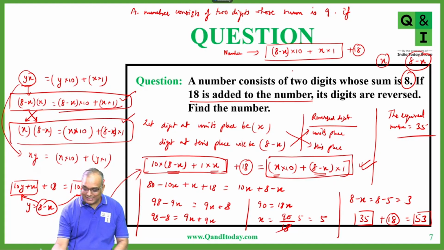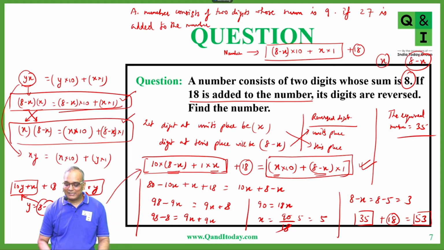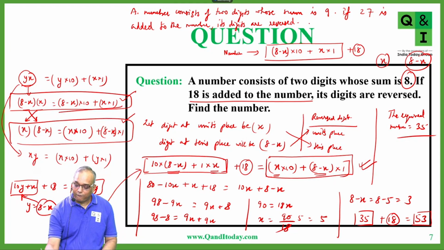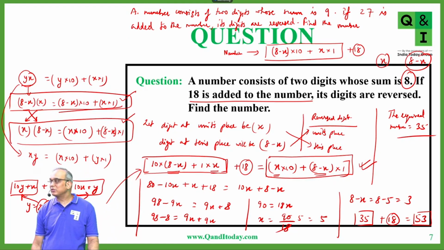Now, if 27 is added to the number, its digits are reversed. Now find the number. Everyone, can you see this question? I'll repeat it once again. A number consists of two digits whose sum is 9. If 27 is added to the number, its digits are reversed. Find the number.